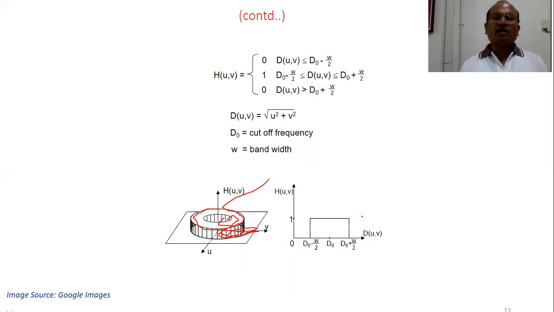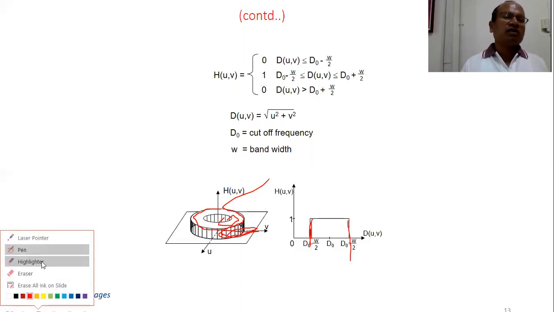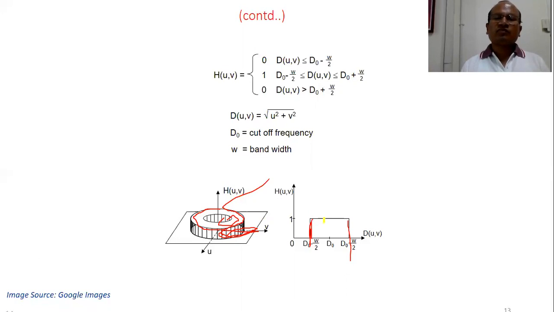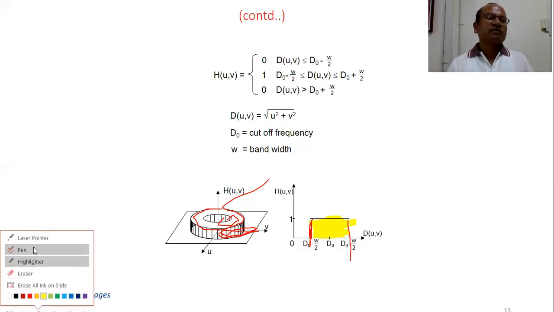So you can see that from a certain cutoff frequency to another cutoff frequency, this is the area where we are passing the signal, and therefore it is a band pass filter.